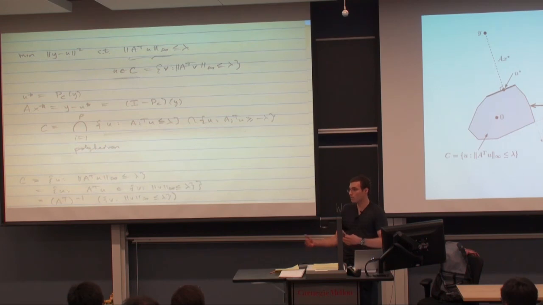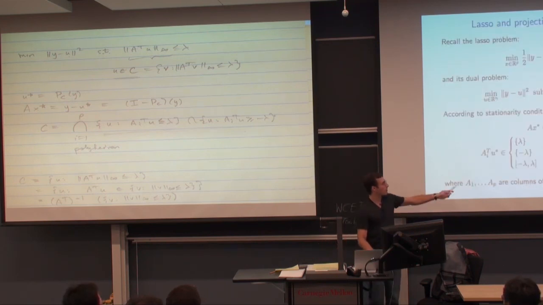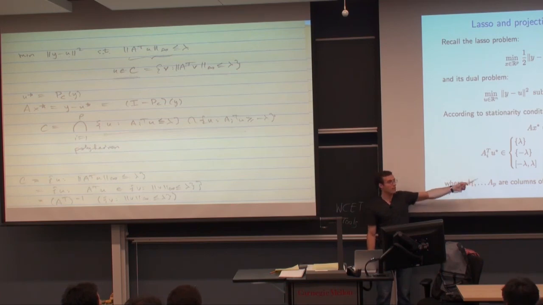So a_i transpose u equals lambda, or a_i transpose u equals minus lambda. That actually defines an active set, because it tells us that a bunch of a_i transpose u's are strictly smaller than lambda, and we know from this property that we derived from the stationarity condition that this implies that x_i is 0 at the solution.